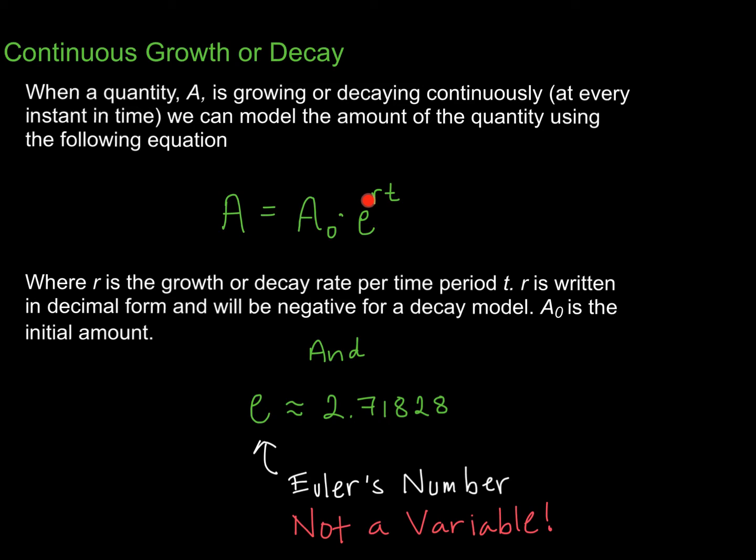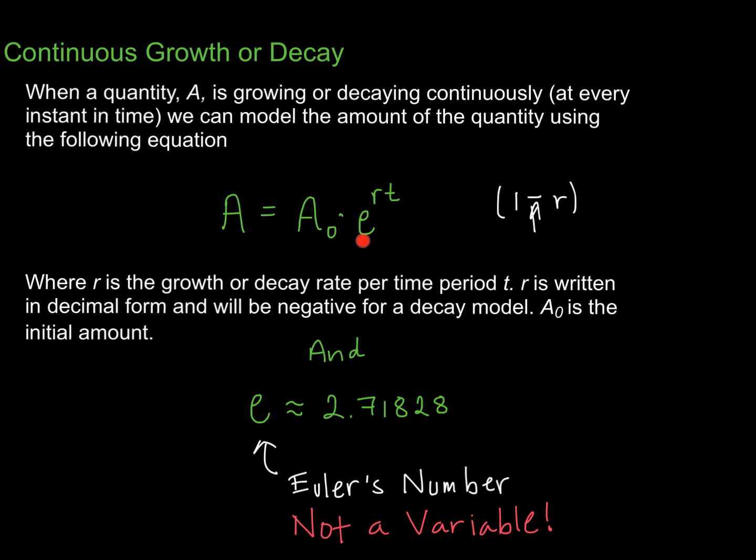So it would be 0.015 times t, where r is written in decimal form, obviously. And think about if we're decaying, the rate would be negative. Just remember, when we were writing exponential decay functions, we have 1 minus r. Okay? So we can see that negative there needs to be included. And A sub 0 is the initial amount.